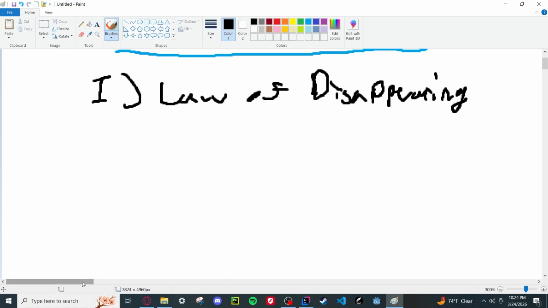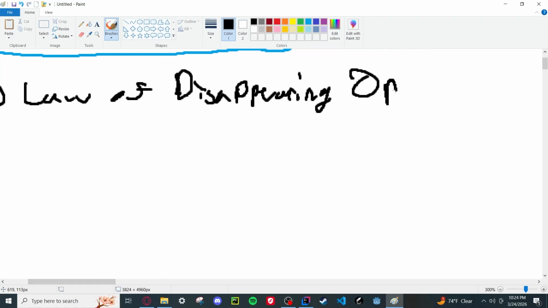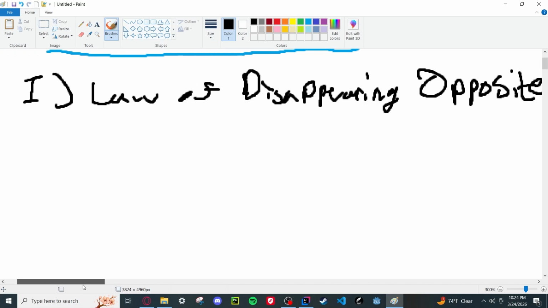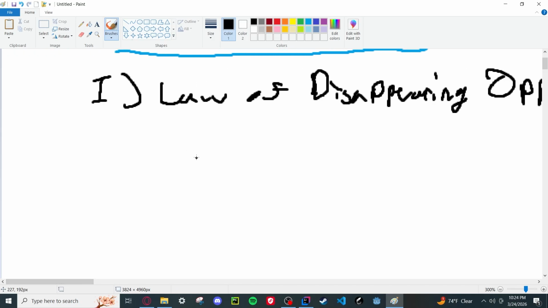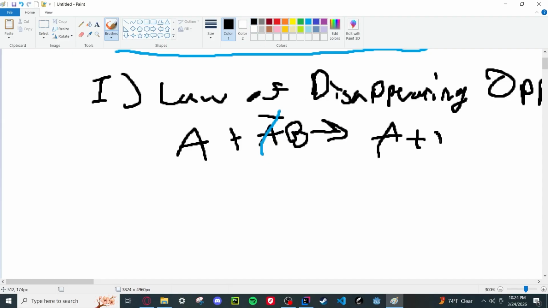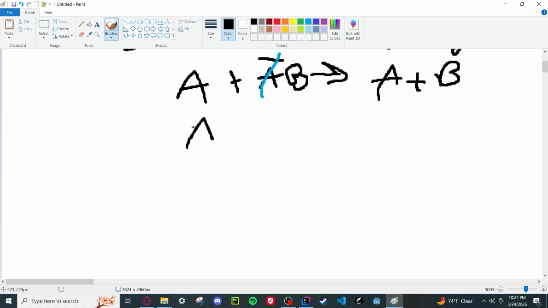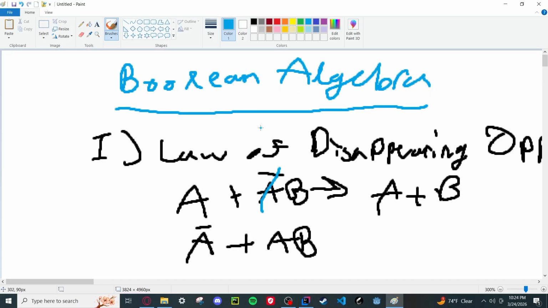So what this means is, if you had A plus A naught B, you can silence this term or make it disappear and you'll have A plus B. And then if you have A naught plus AB, well, now the opposite is A, because it's the opposite of this A naught.